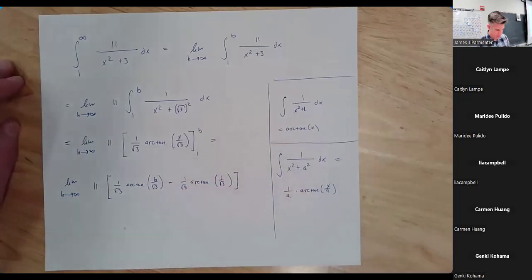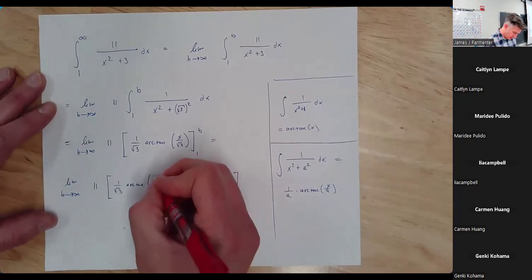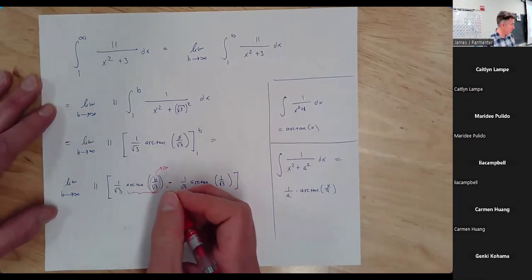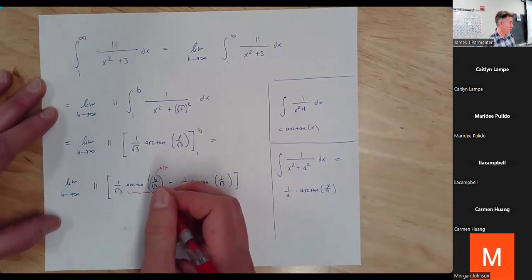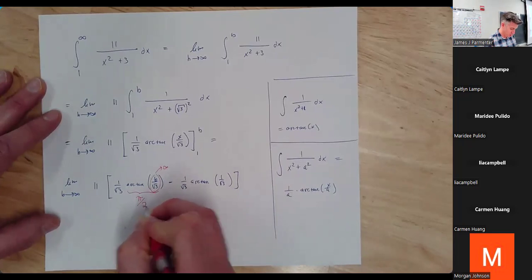Okay, now, as b goes to infinity, b over root 3 still goes to infinity. So this is definitely going to infinity. And the arctangent of something that's going to infinity is closer and closer and closer to what number? Pi over 2.